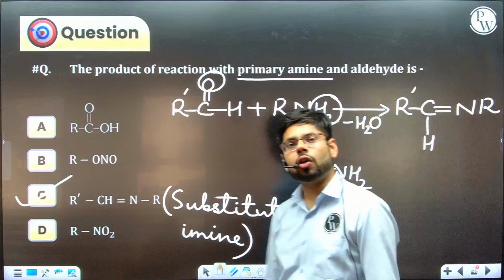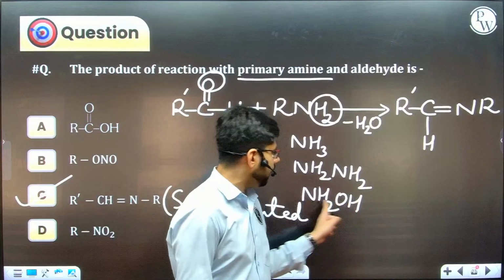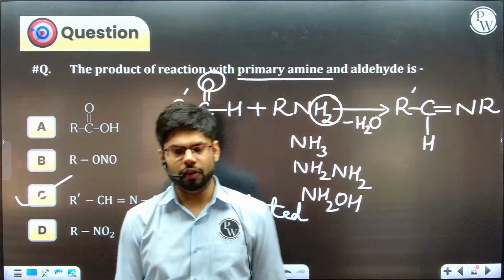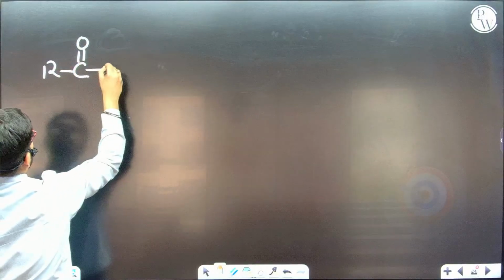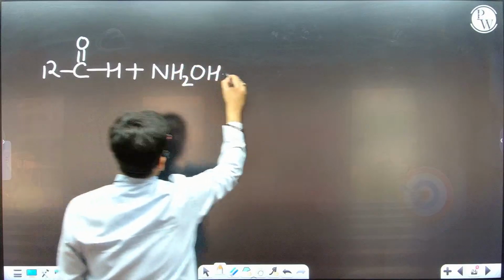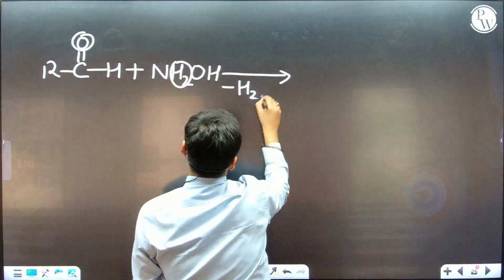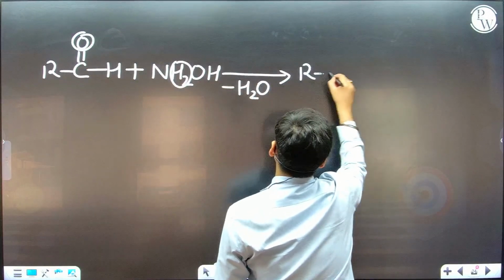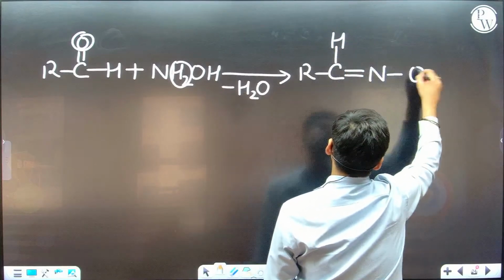NH2OH is called hydroxylamine. The product of a carbonyl compound with NH2OH is called an oxime. Very, very useful. Sometimes they ask you, what is an oxime? So what is an oxime? If I write this aldehyde and let's say I am reacting this with NH2OH, remove H2, remove O, so this is what I'll obtain.